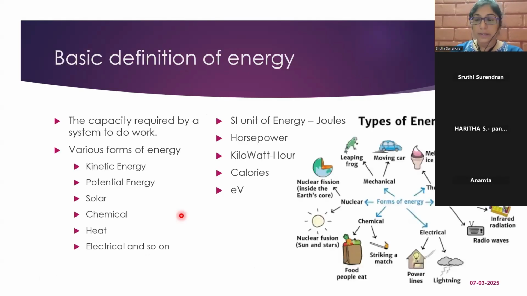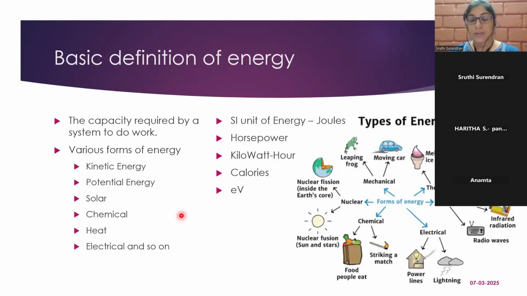Now, if we go into the basics of energy, it is again the capacity that is required for a particular work to be done. So there are various forms of energy. Like I said, kinetic energy is the energy possessed by a moving body. Potential energy is the energy that is possessed by a body with respect to its position or when it is static. Then there's solar energy, chemical energy, and all forms of energy. And energy is usually expressed in units of joules.